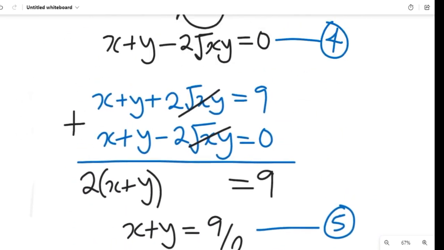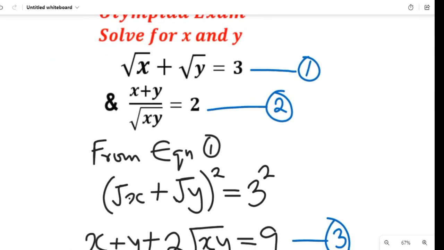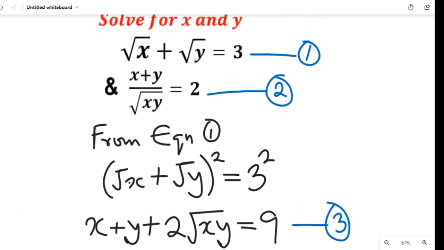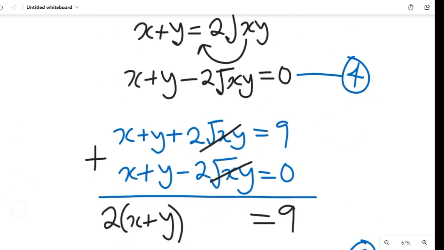Now we can test if the solution is correct by inserting the values of x and y into any of those equations above. Let's look at root x plus root y equal to 3.